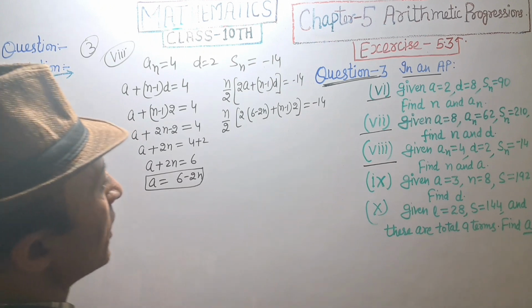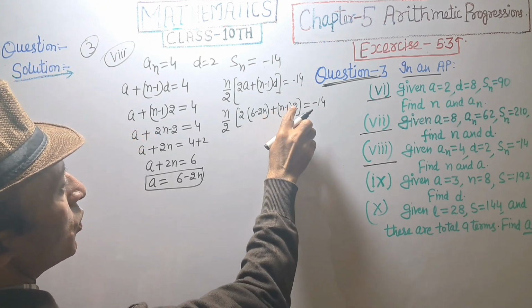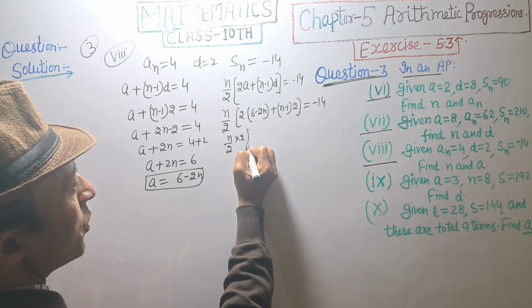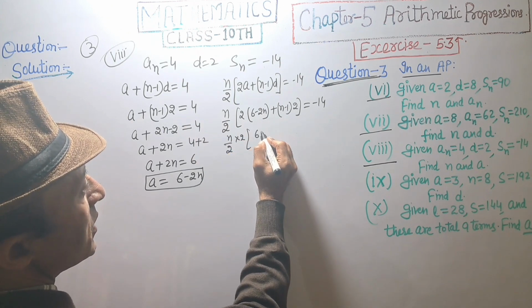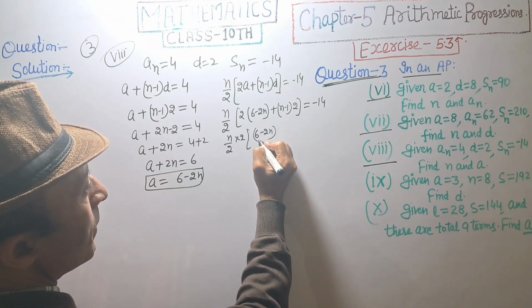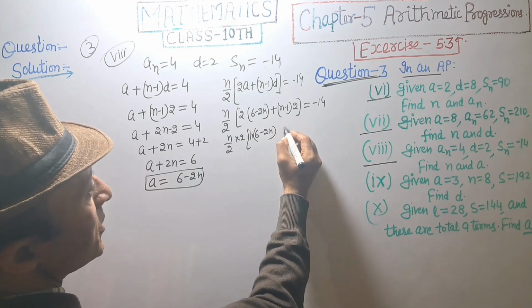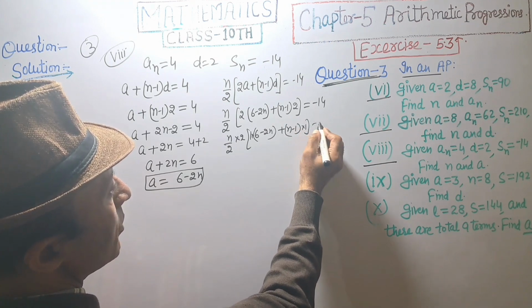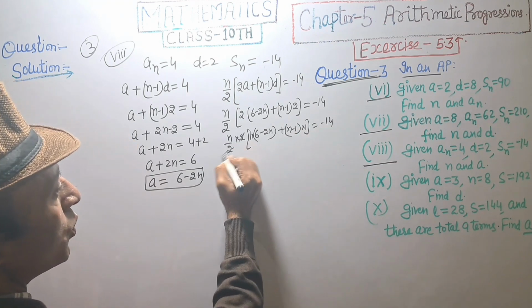Taking 2 common, n upon 2 into 2, 6 minus 2n, 1 multiplied by 6 minus 2n plus n minus 1 multiplied by 1 is equal to minus 14. 2 is cancelled.